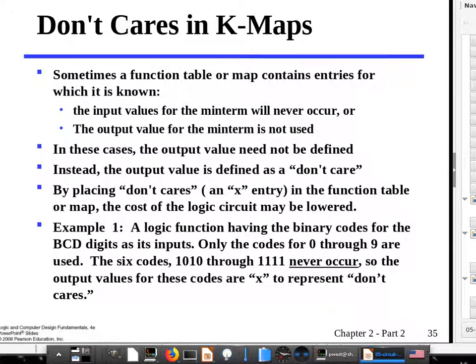All right, we'll conclude here real quick. The last thing to do in K-maps is that sometimes a function table or a map contains entries where the output is known. In other cases, it doesn't care what the output is. This is a circuit analysis where it can find out that if you put a certain value after this module, it doesn't matter what that wire is, it's going to ignore it.